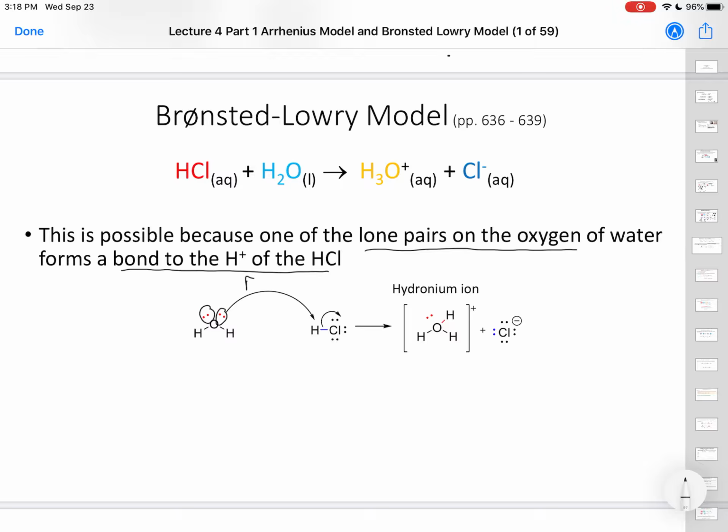One of the lone pairs will form a bond with the H, and this is the bond that's being formed. And these electrons here move onto the chloride and now exist as a lone pair. So really, this gives you your H3O plus and your Cl minus.